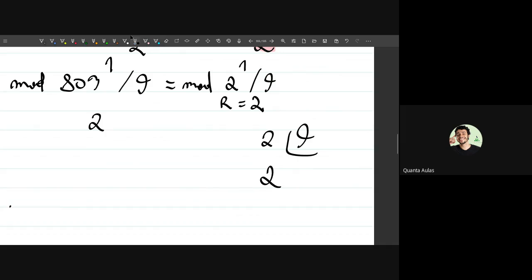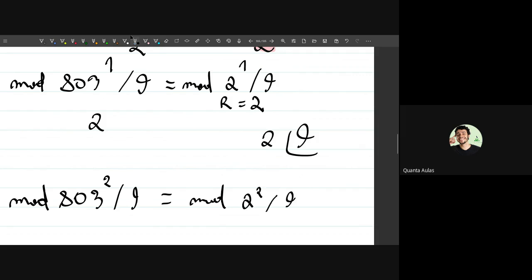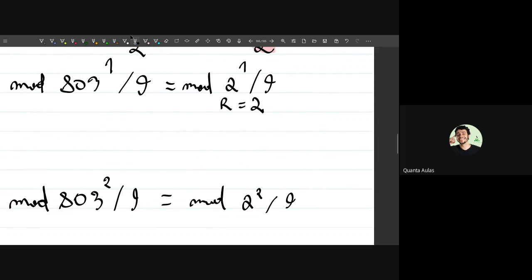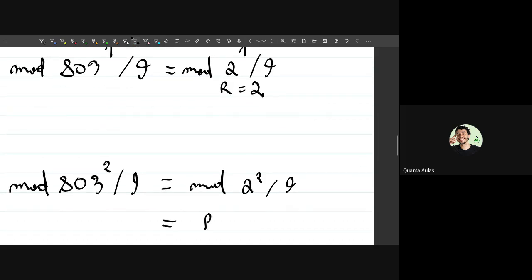This is a property of the number 9. Number 9 is a mystic number. Pythagoras was a lover of the multiples of 3 because they have a lot of strange properties. For example, in this case, 2 to the power of 2 divided by 9, obviously we will have the rest equal to 4.